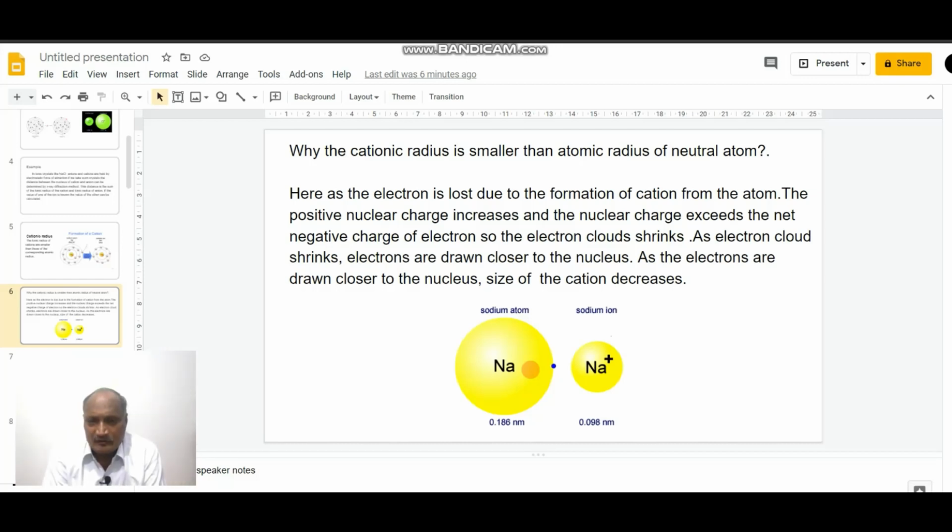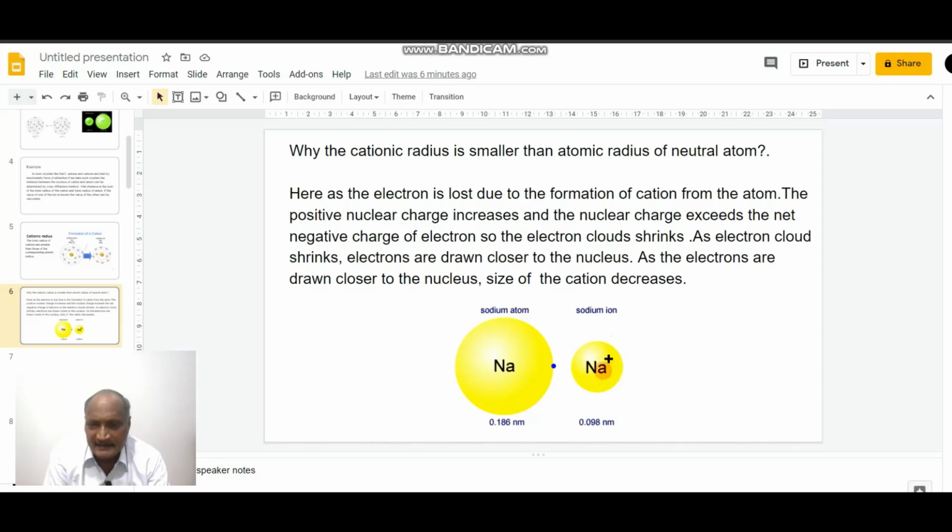Here, as the valency electron is removed from the neutral atom, it forms a sodium cation. The size of the sodium cation is smaller than that of the neutral sodium atom. As a result, the ionic radius of the cation decreases.